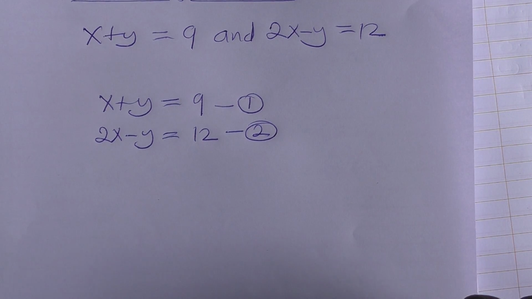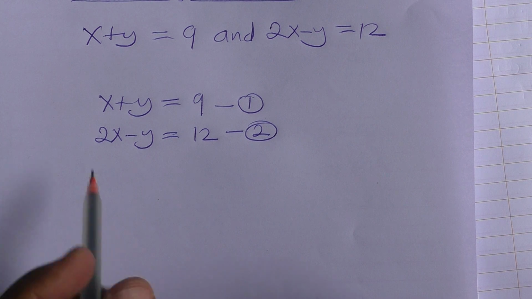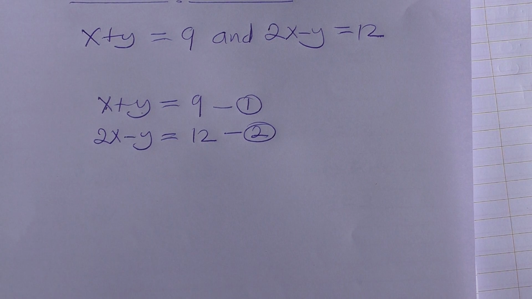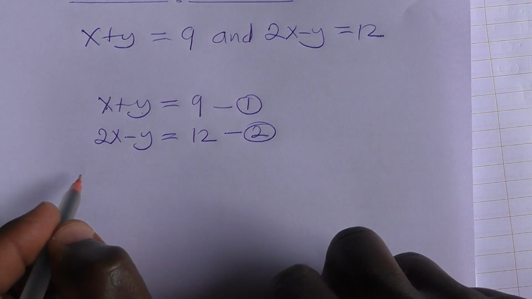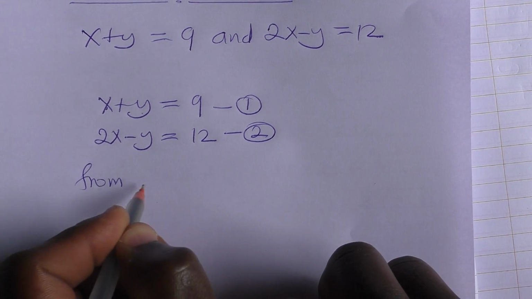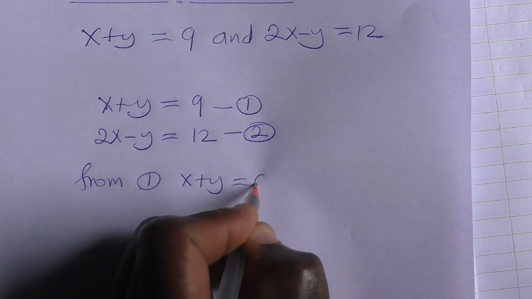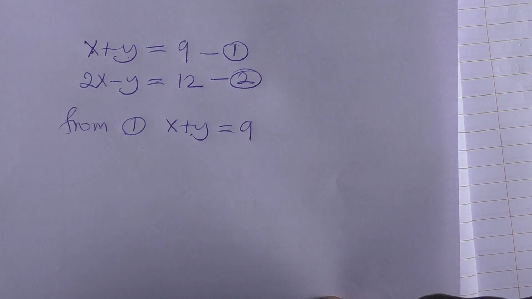When using the substitution method, or replacing method, we must make one of the unknowns, either x or y, the subject. That is to say, from equation 1, which is x plus y equaling 9, we can make x the subject or we can make y the subject.